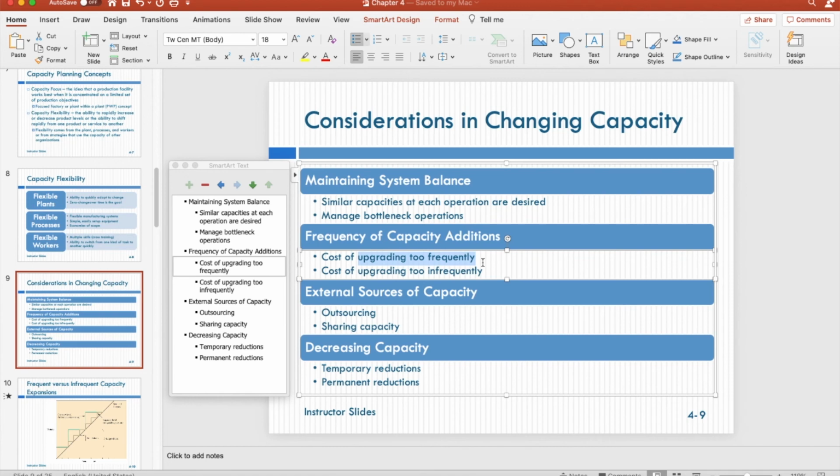But if you upgrade your capacity management system very slowly, let's say every 5, 6, or 7 years, then you are moving to the other extreme, because the cost you incur at that time will be very high. So it's not the case that too frequent is bad, and it's also not the case that too infrequent is good.